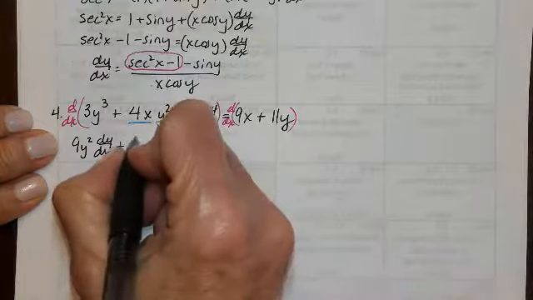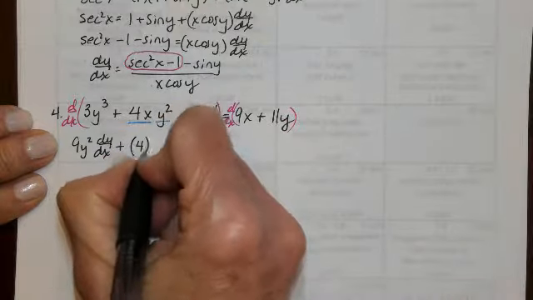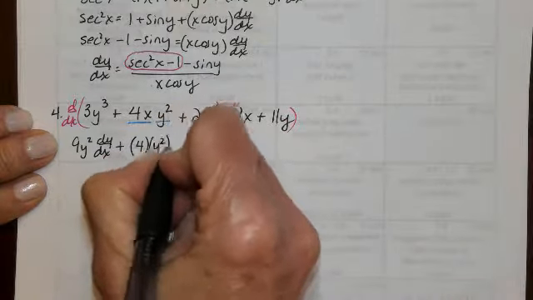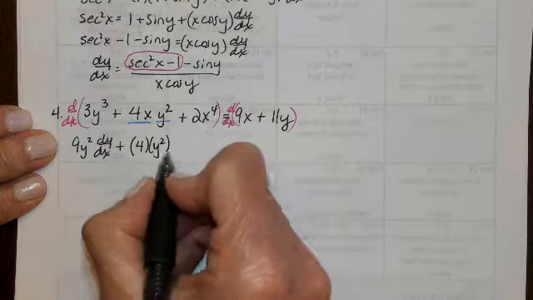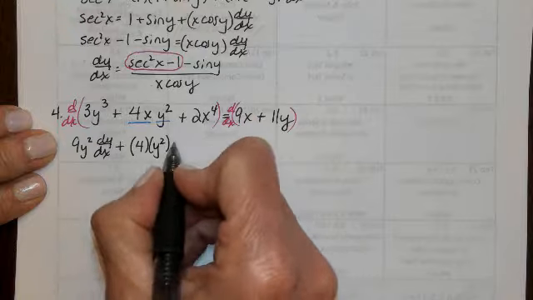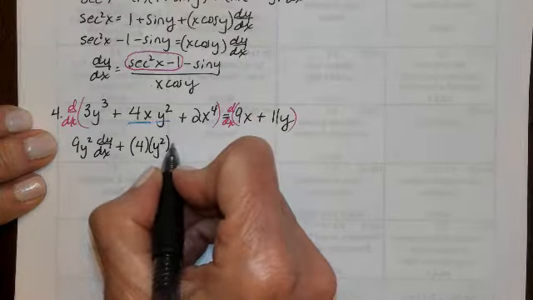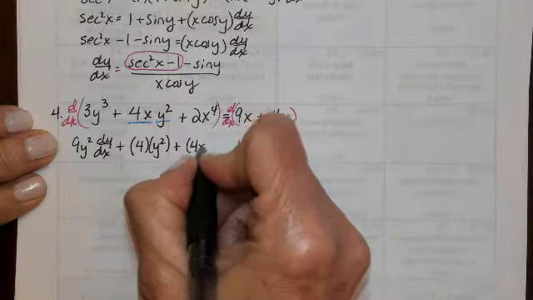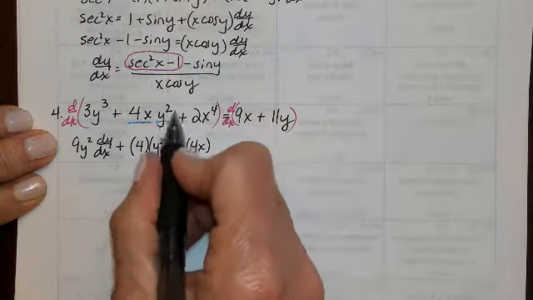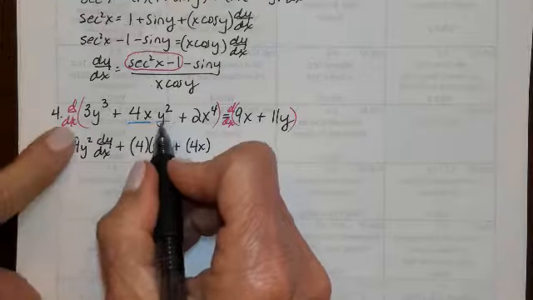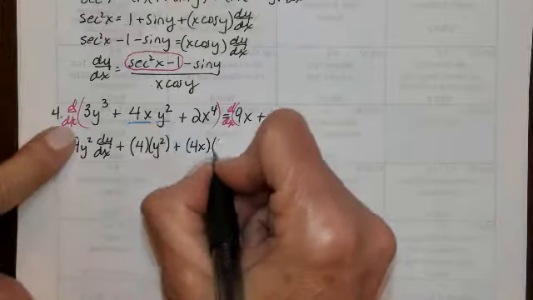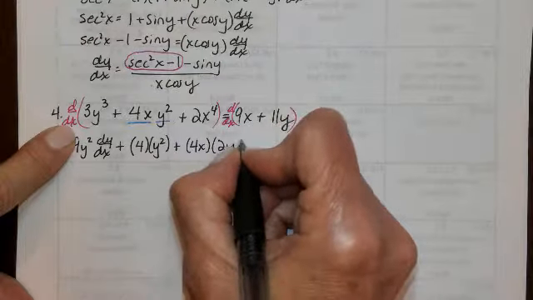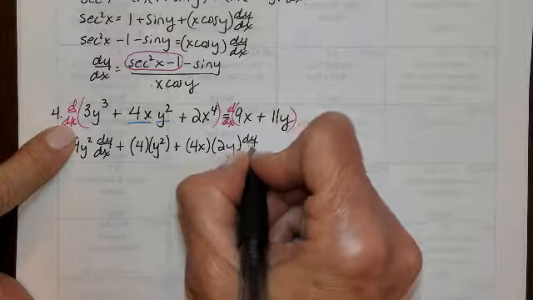So product rule, derivative of 4x times y squared left alone. We did not take the derivative of y, so you don't multiply by dy dx. Plus, now I'm leaving the 4x alone, and I need the derivative of y squared with respect to x. So that will be 2y dy dx.